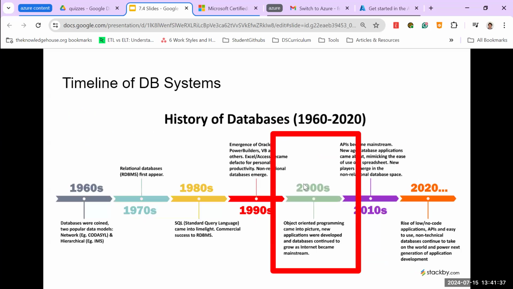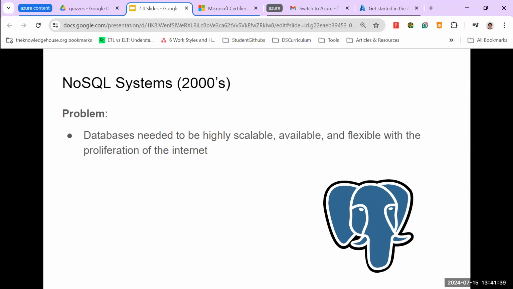Then we move on to the 2000s. So, the dot-com bubble happened, and technology was booming. Shortly after this, Facebook and Amazon would arise, and essentially databases needed to be highly scalable, available, and flexible.